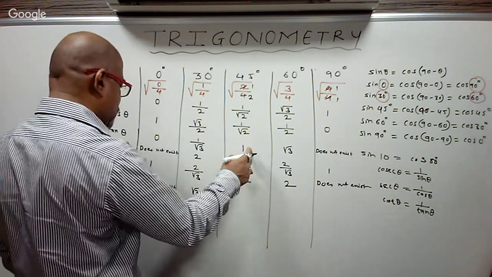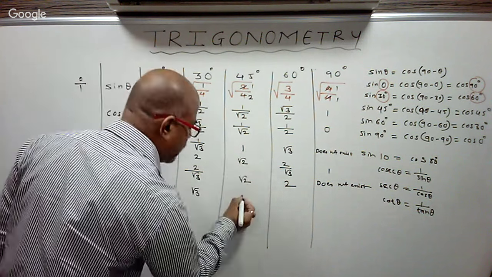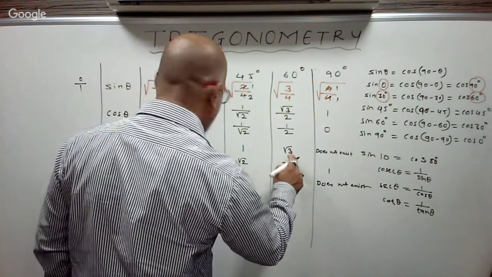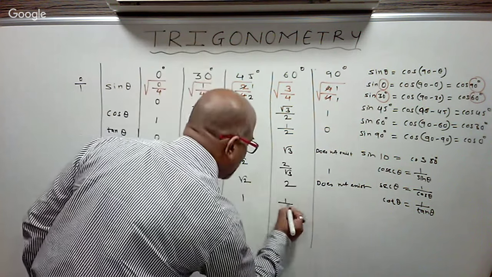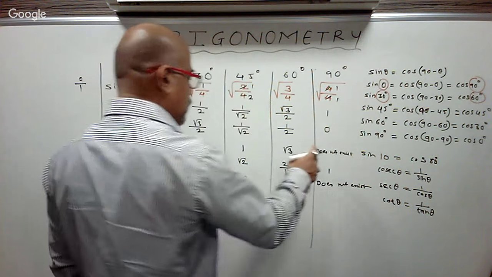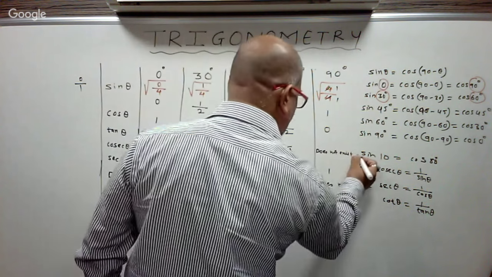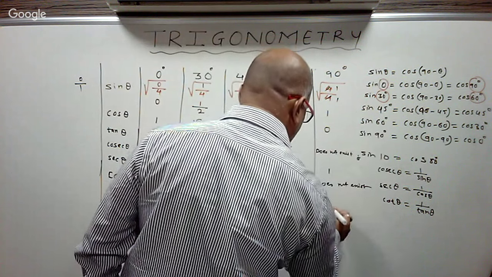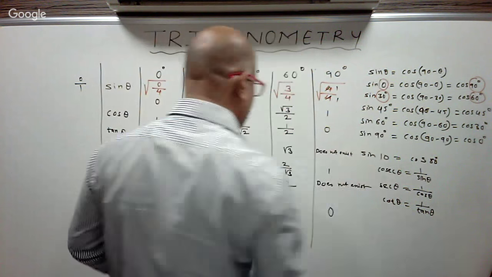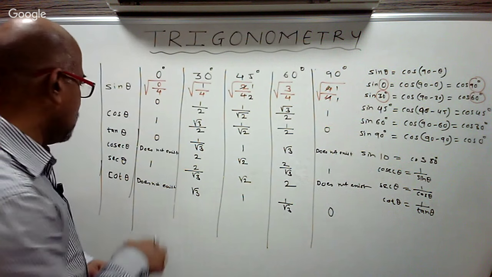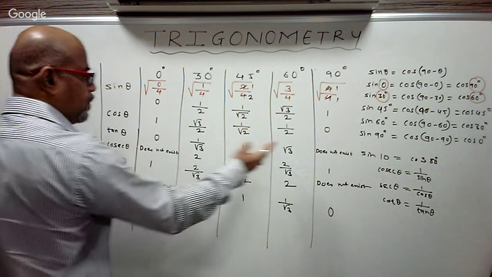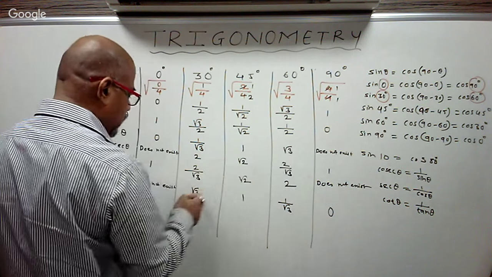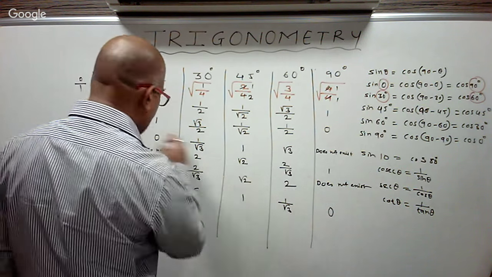For cot 45, tan 45 is 1, the reciprocal of 1 is 1. Your root 3 is there, that is root 3 by 1, therefore cot 60 equals 1 by root 3. And the last one does not exist, meaning 1 upon 0 becomes 0 upon 1, you get 0. Or cot theta equals the reverse order of tan theta, that is here does not exist, then root 3 here, then 1 here, 1 by root 3 and 0.